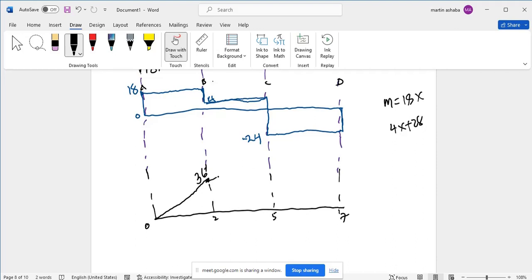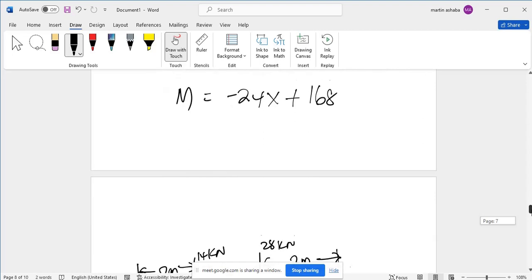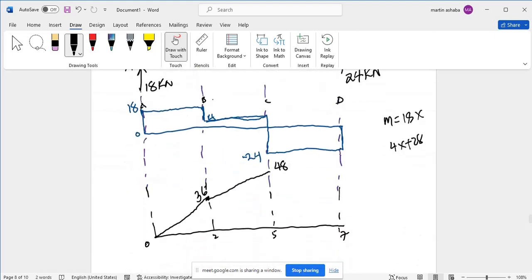It means it is linearly increasing up to 48. Between C and D, what is the governing equation? The governing equation is negative 24x plus 168.